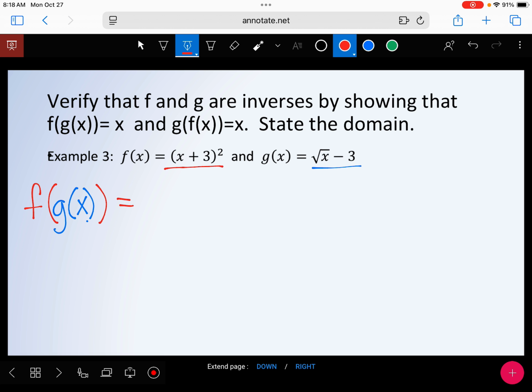So I'm going to take my f function. I have a parentheses, and it's plus 3. And then inside of the parentheses, I'm going to put my g of x, which is just the square root of x minus 3.